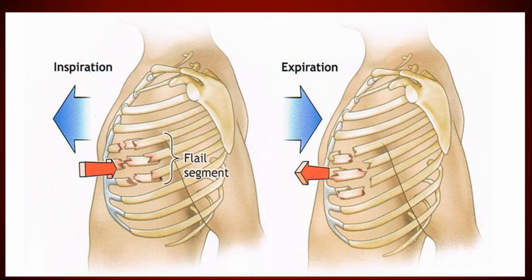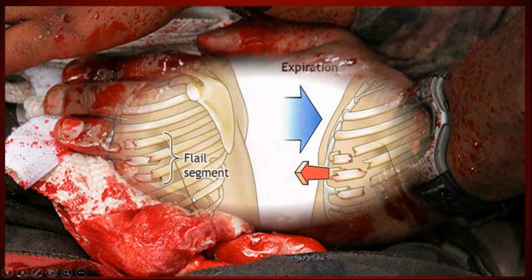So it really causes a lot of tissue damage and is difficult for that patient to actually inhale and exhale. As far as treatments go, we'll identify those once we get into our trauma-related stuff. But a big bulky dressing or simply a hand over that flail chest segment can be used to go with inspiration and expiration when that patient is breathing.